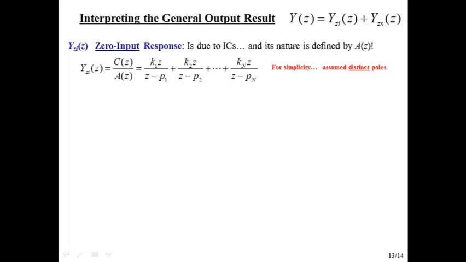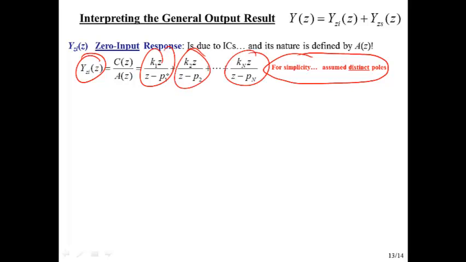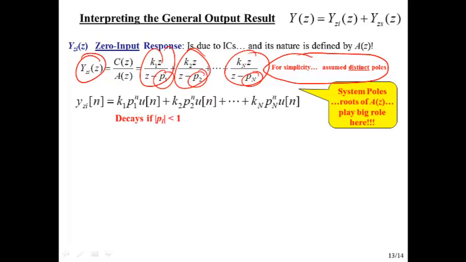And then if we interpret this general output result, and I'm just making some assumptions here for simplicity. If we have all distinct poles, when we transform this zero input part, the part that's driven by the initial conditions, we'll get a bunch of terms that look like this, where these describe the pole positions, and then those things get transformed into exponential terms.